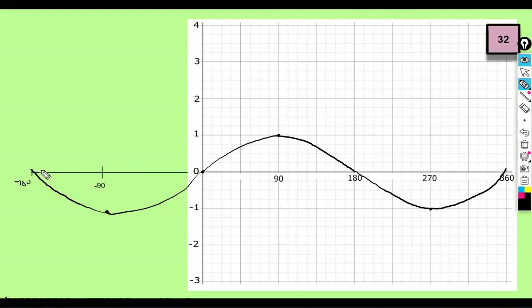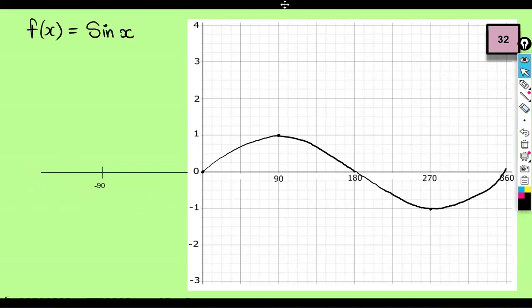You just have to continue the pattern. It's a continuous wave, like a wave in the ocean. But I'm not too concerned about this right now. I just wanted to point that out to you. So on the graph here, this is f(x) is equal to sine x. I'm going to color code it for you, so sine is black in my diagram.